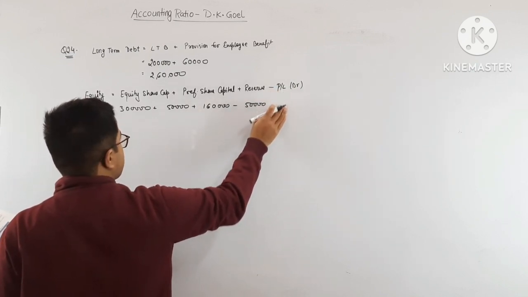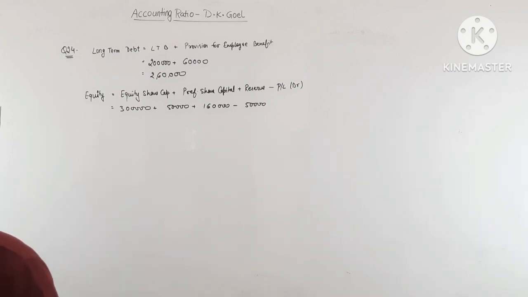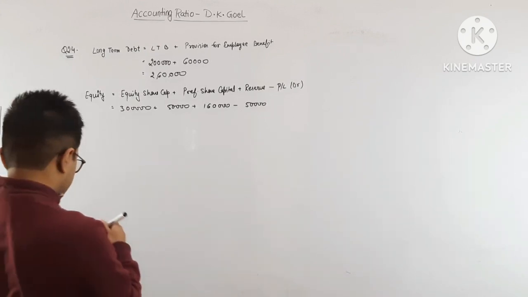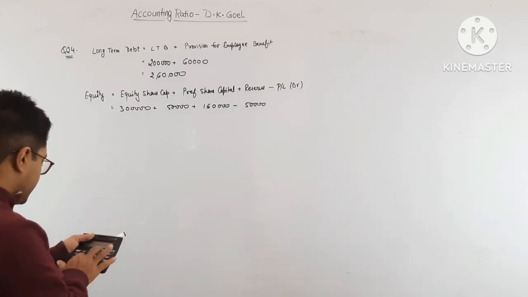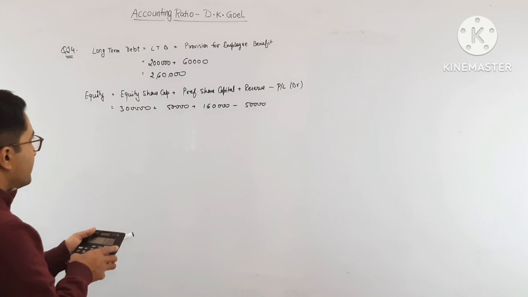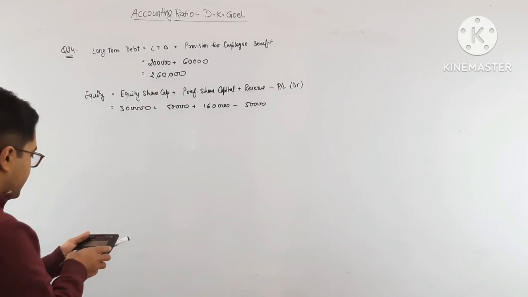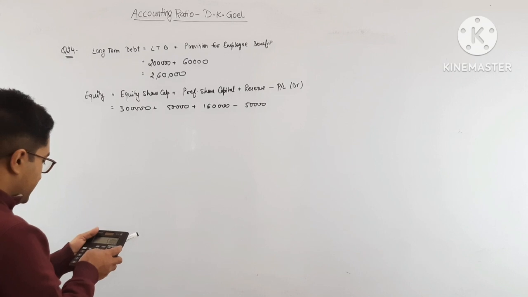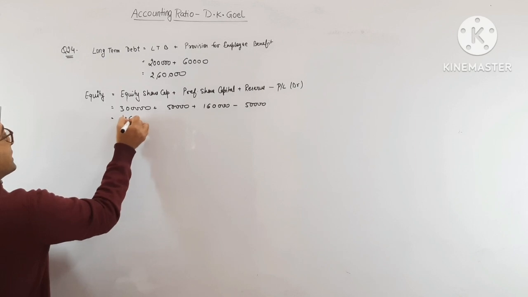If the credit balance is given, you will add. 3,50,000 plus 1,60,000 minus 50,000 is 4,60,000.